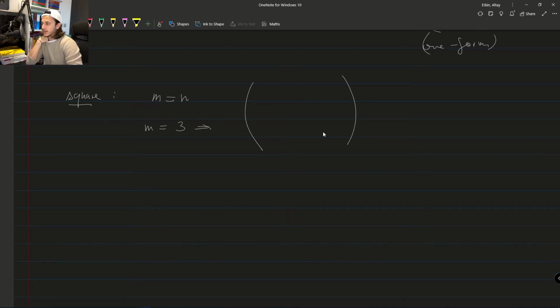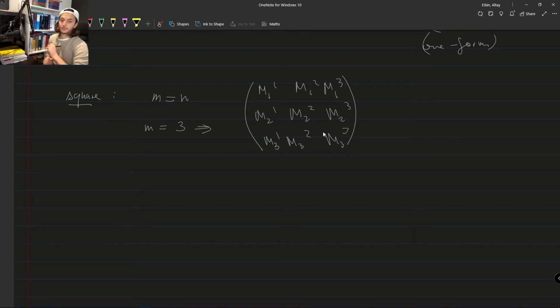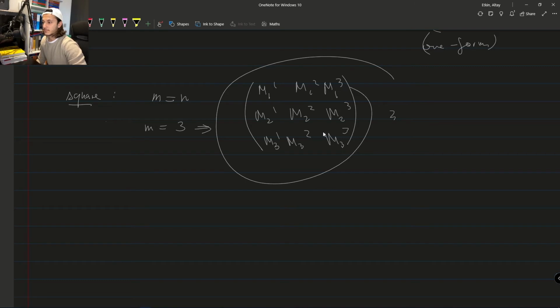And in this case, let's call the matrix M: M11, M12, M13, M21, M22, M23, M31, M32, and M33. And this is going to be your 3 by 3 square matrix.